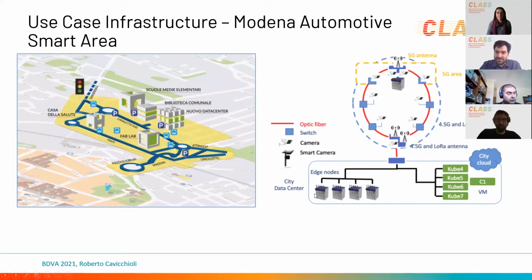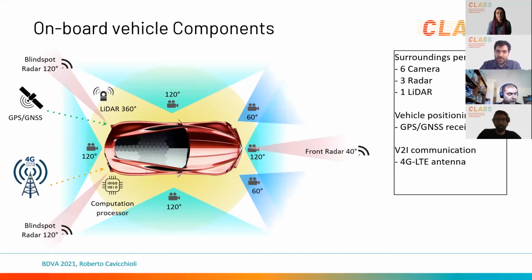The more powerful edge nodes that we have and the cloud servers are installed in the new data center that has been recently built in the area. Then, within the area, we are going to drive 3 smart vehicles, which are fully equipped with sensors to perceive the environment and send metadata to our infrastructure.